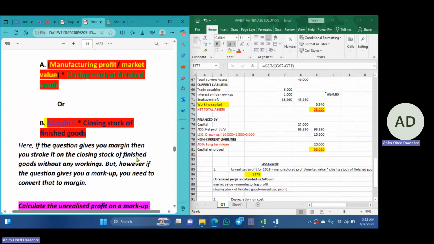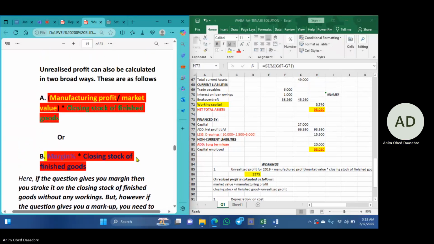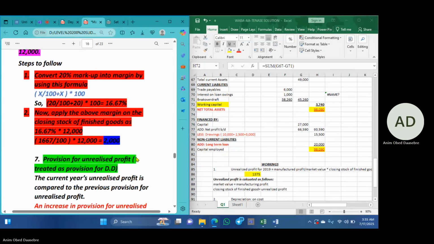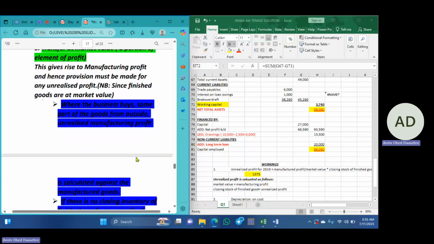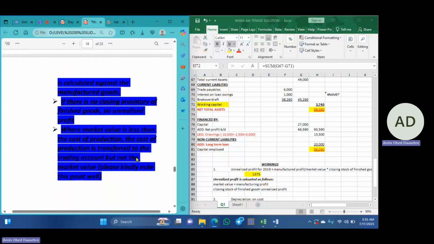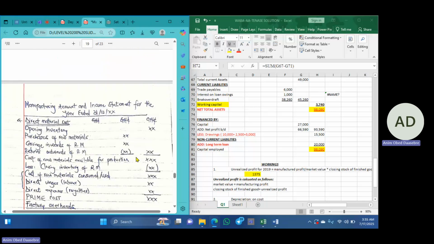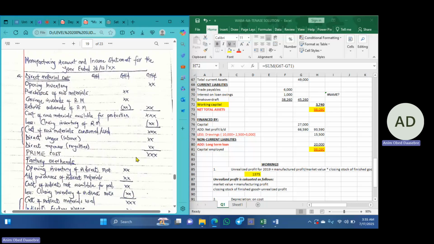So basically, this is what you need to do for manufacturing accounts. If you want a clearer presentation of the manufacturing account, this is a structure of the manufacturing account and the income statement.